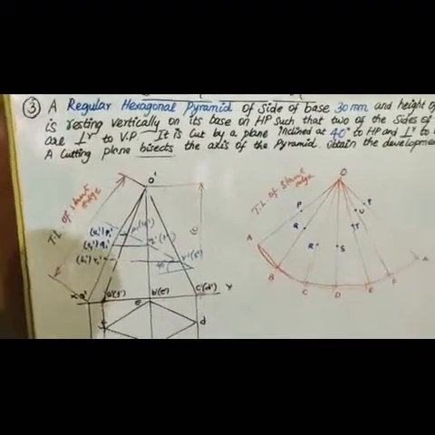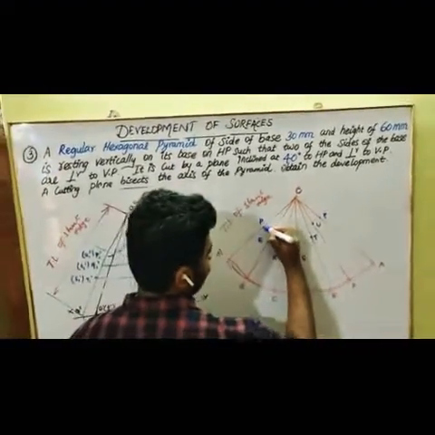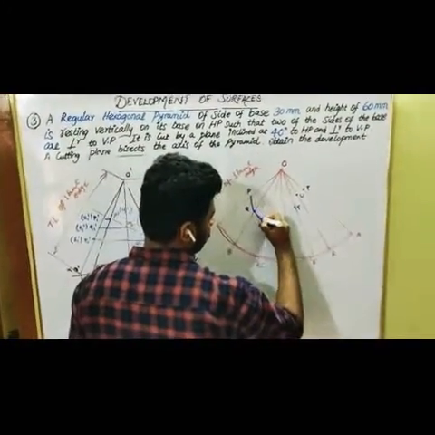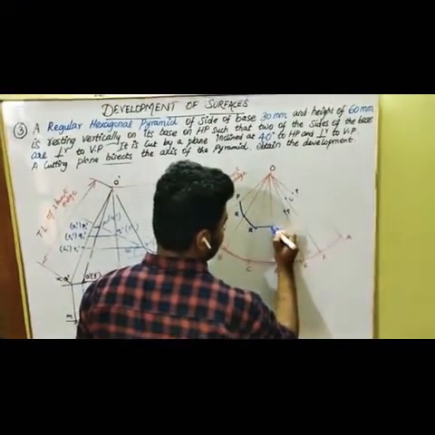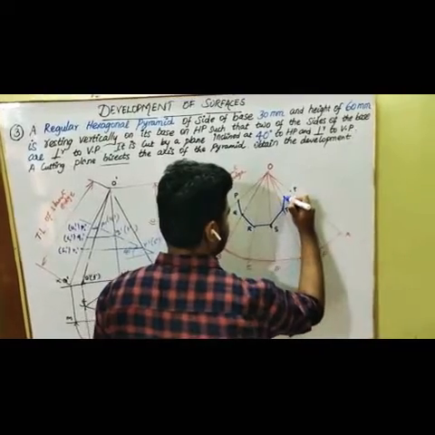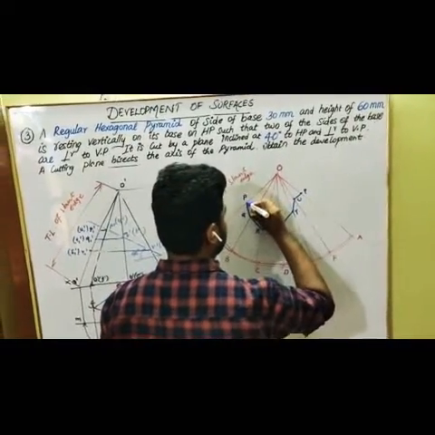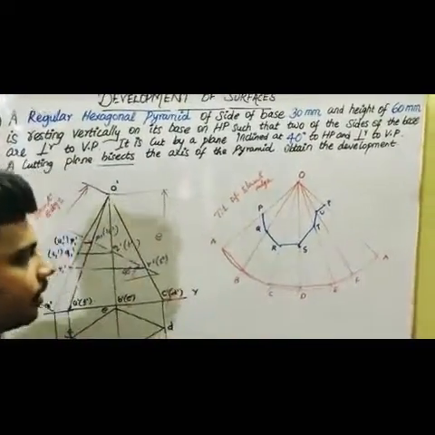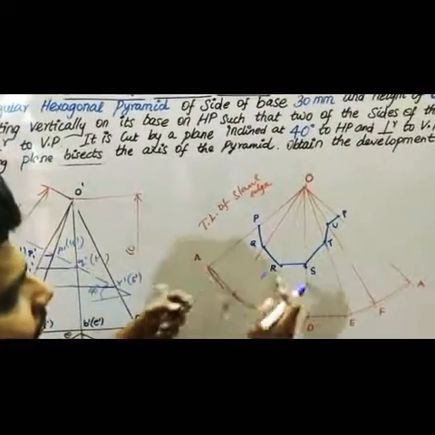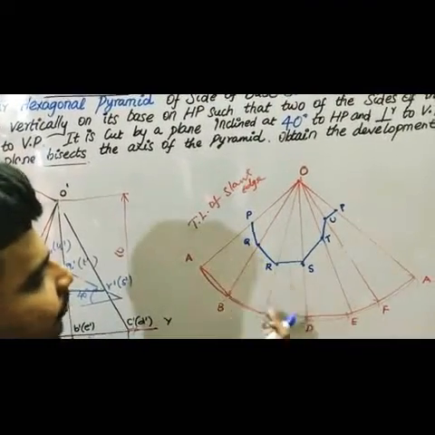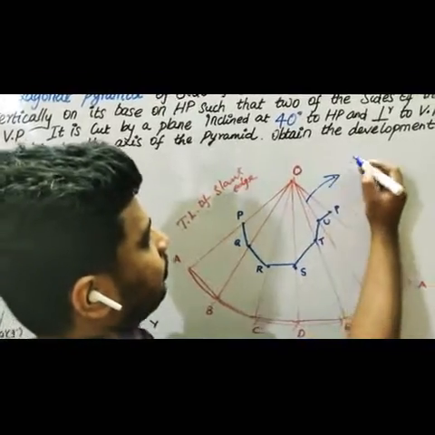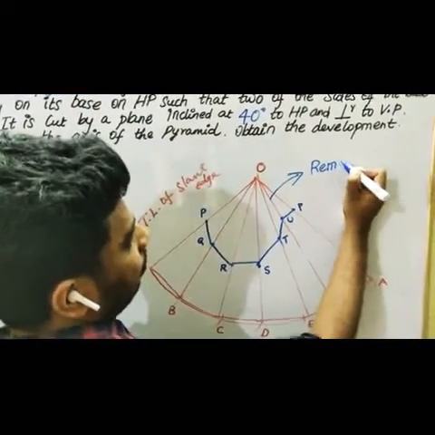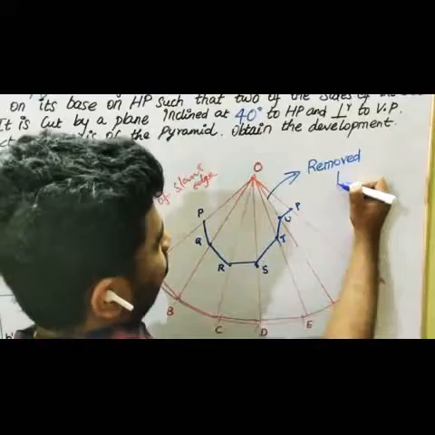So you mark all the points and connect them, and you will get the shape like this. When you close it, this is your remaining portion, and this portion is your removed portion.